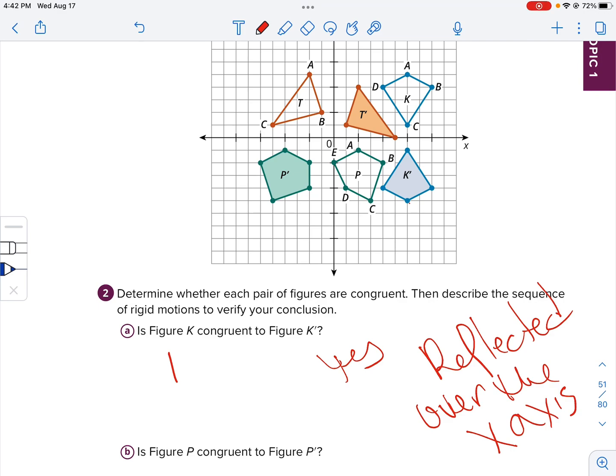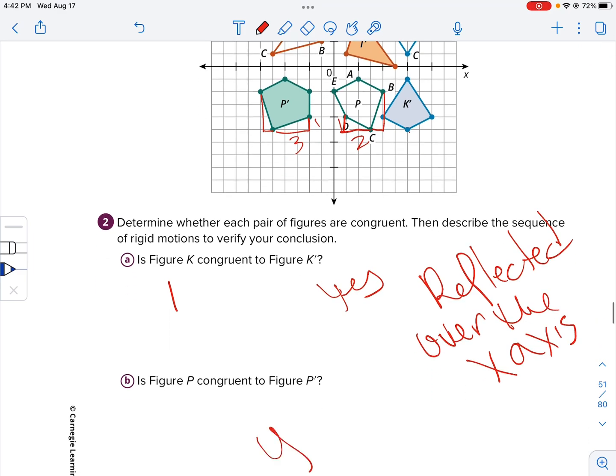Okay, so here we go down 3 over 1. We go down 3 over 1. We did that. Then this is down 3 over 1. Uh-oh, this goes down 2 over 1. So no, it is not.